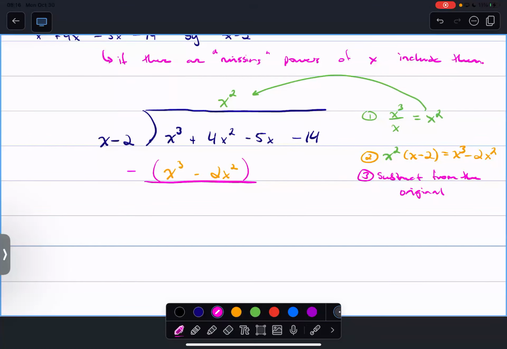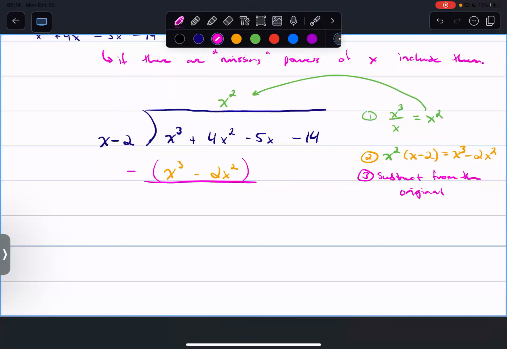So now, let me see if I can move my pen there. Can't see it. So now I have x to the 3 minus x to the 3, and you're welcome to expand this minus inside, or just keep track of, okay, this is minus x to the 3, but then plus 2x squared. All right. So now I get x to the 3 minus x to the 3. Nice. 0.